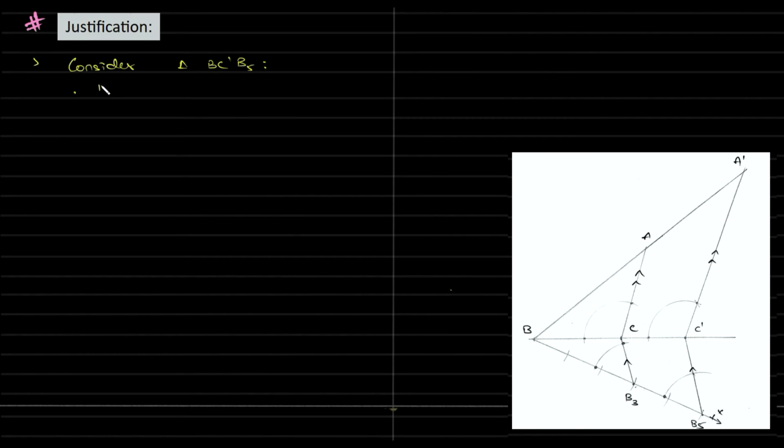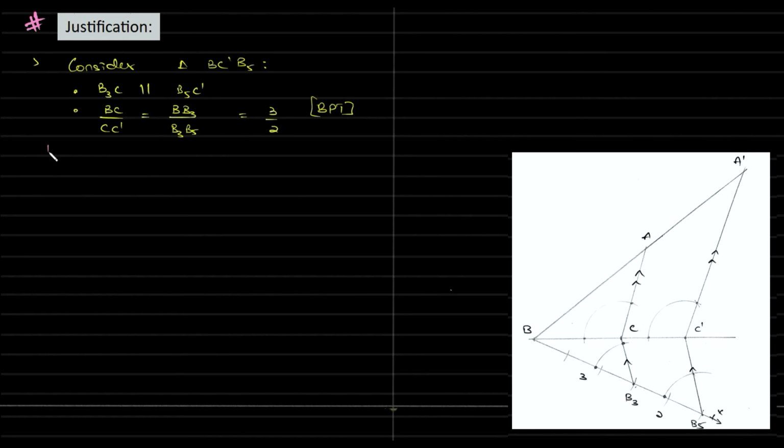Here B3C is parallel to B5C dash, and so by BPT we have BC by CC dash equal to BB3 by B3B5, which is equal to 3 by 2. This is as per BPT. It's clear that this is of 3 unit length and this is of 2 unit length. That's why the ratio 3:2.